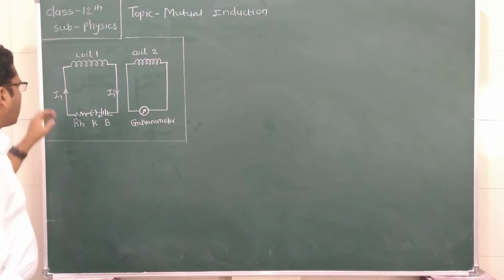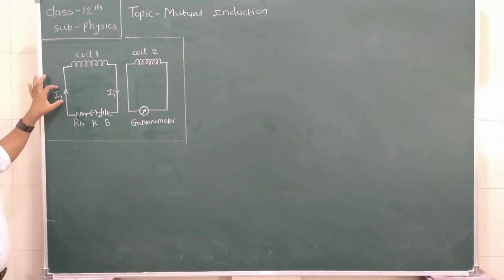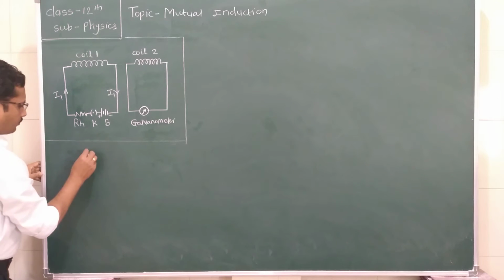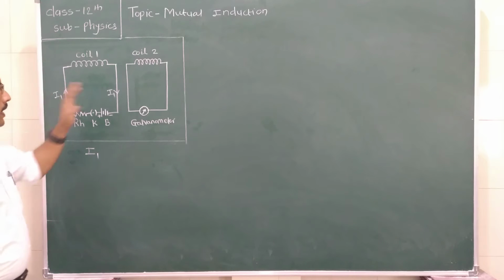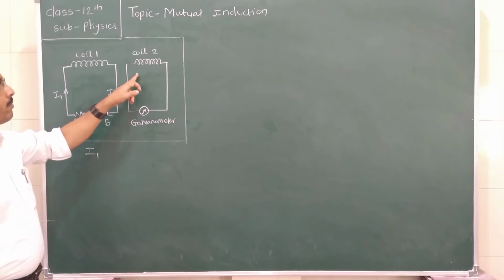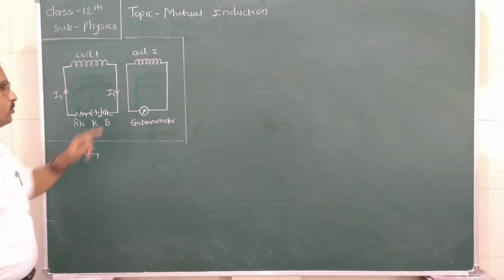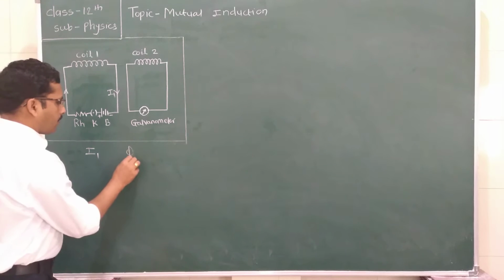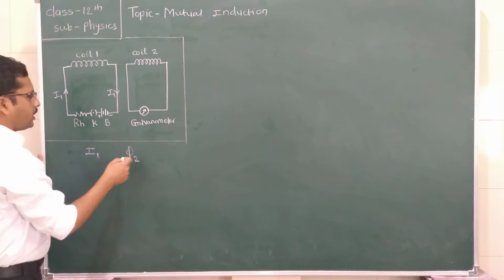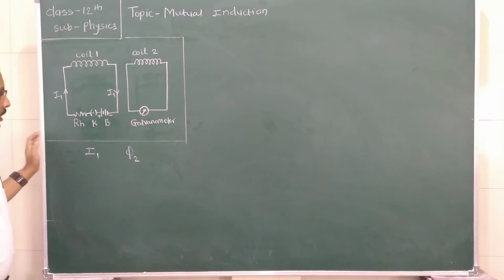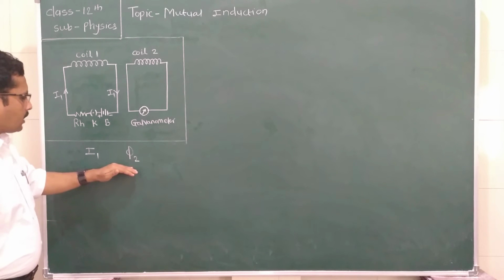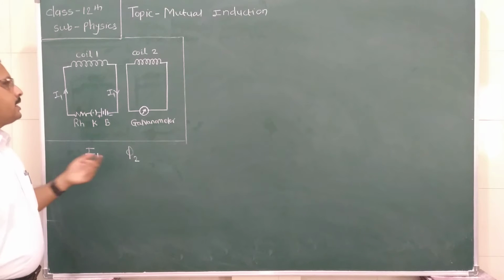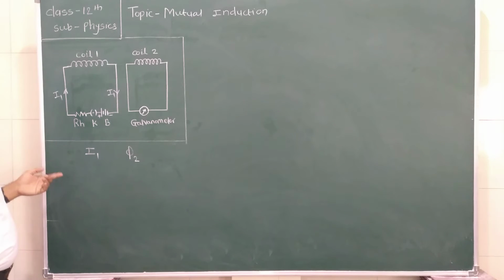Suppose that the current in the first coil is equal to I1 and the magnetic flux produced in coil 2 is equal to phi 2. Here the subscripts 1 and 2 denote the current and the magnetic flux in the first and second coil respectively.